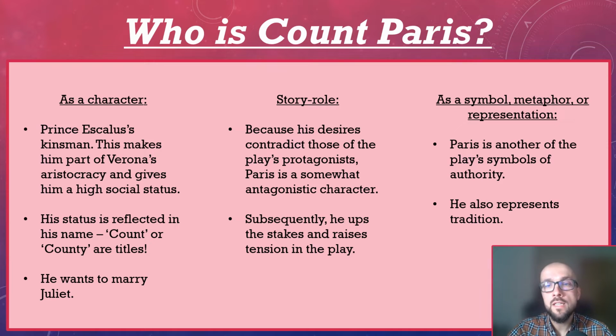Perhaps more interestingly though, you could also argue that Paris represents tradition, for by going to Lord Capulet and trying to get himself married to Juliet, Paris behaves in a way that was typical for the aristocracy in Elizabethan England. So that gives us a quick idea about who Paris is, what his story role is, and what he could be considered a symbol, representation, or metaphor for. But which quotations could we use if we wanted to analyse him a bit more deeply?